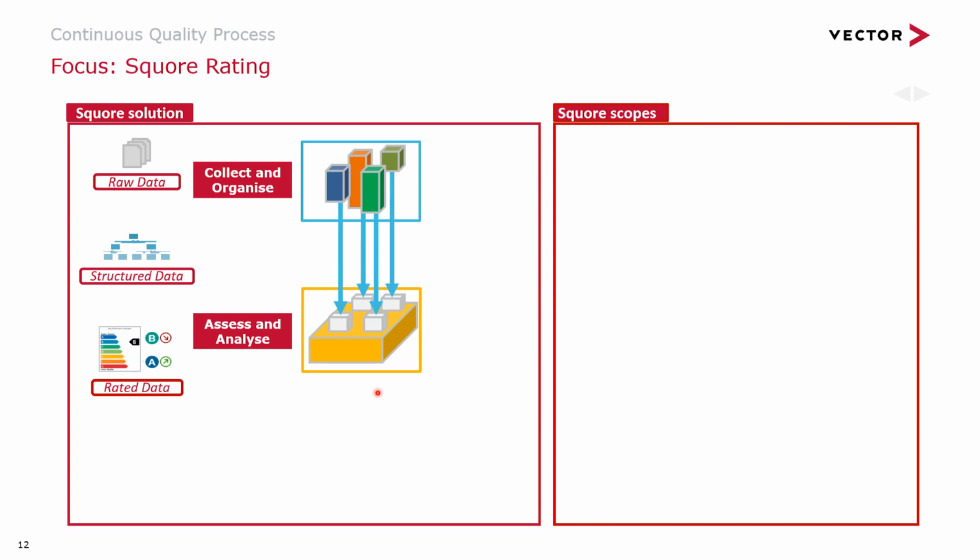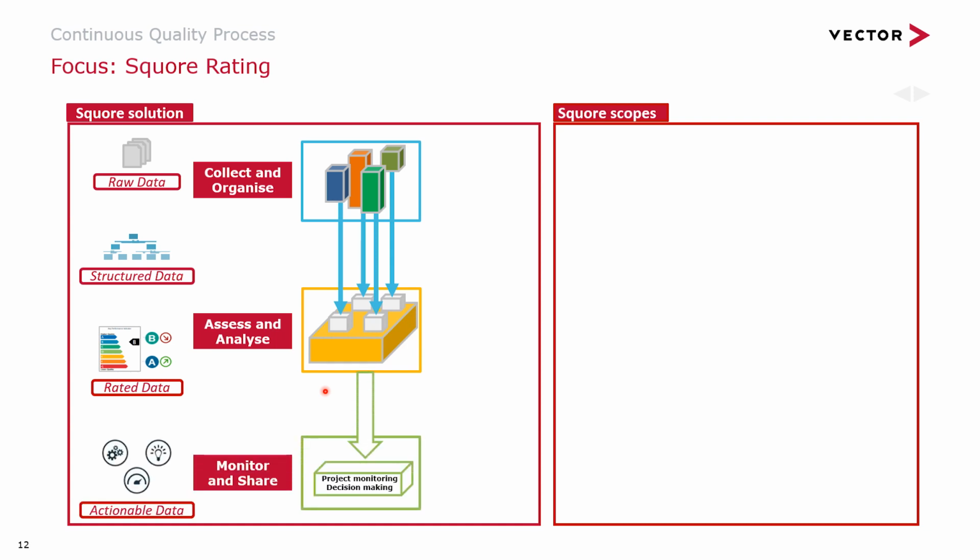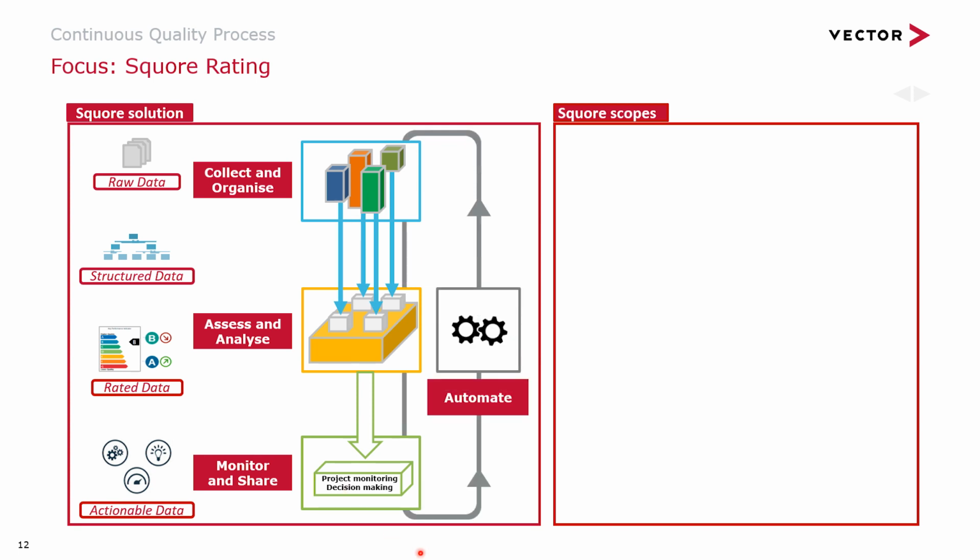So we apply a rating model to compute all these quality indicators, and once we have this rating on all the data, well, it's time to do some monitoring. So we can do some analysis, raise some alerts, that's the quality gate you were looking at before, and generate some reports if needed. And all of this is fully integrated in a continuous integration.